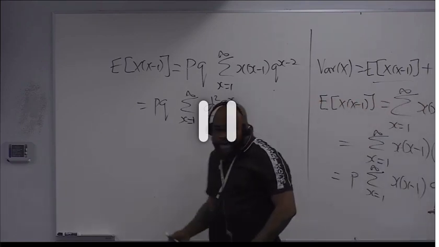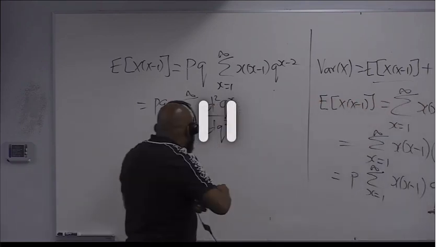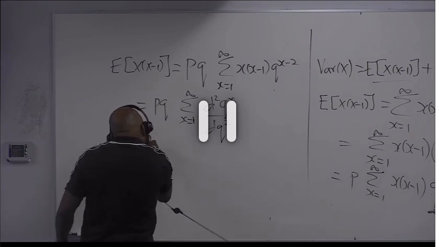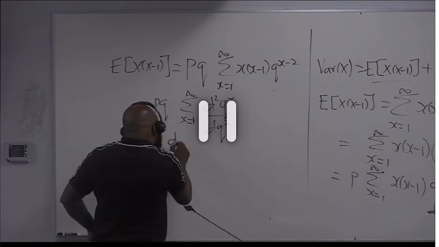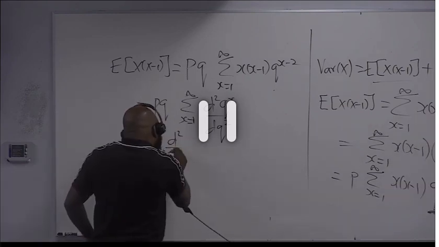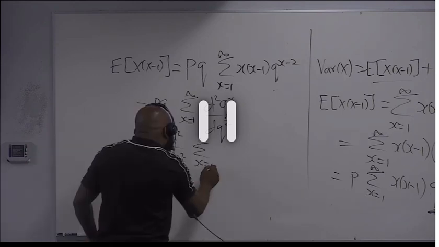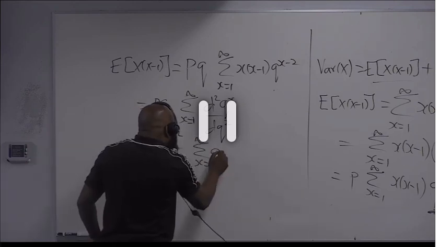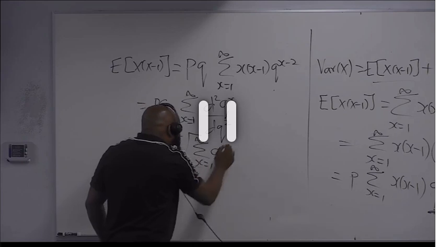Now, you know what I'm going to do again? Here I have PQ, and d squared dq squared comes out, leaving Q raised to the power X. You remember what I did the other time?